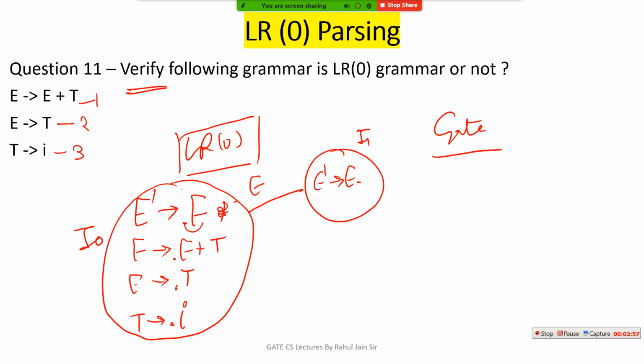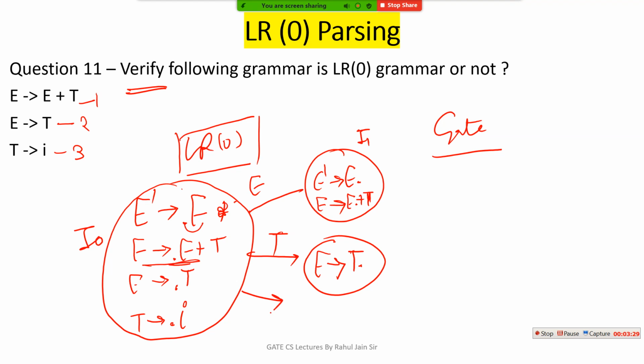On E, I also get the production E derives E dot plus T. On T, E derives T dot, which is reduced, and I am naming this state I2.